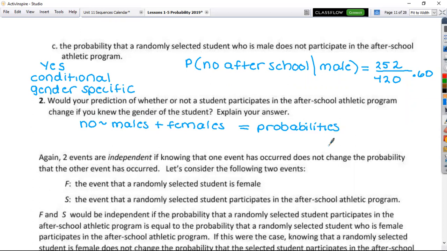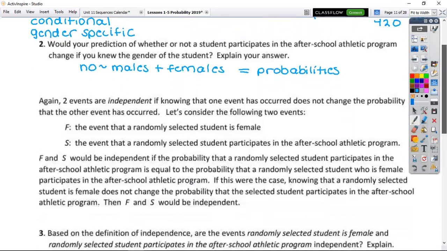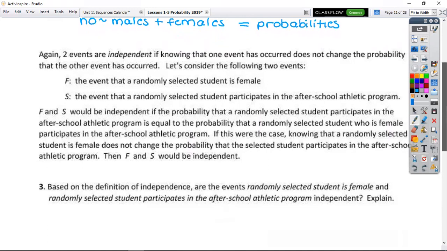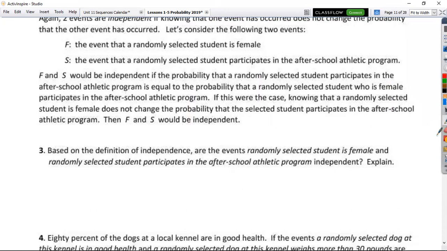Okay. So what we're going to begin is what we refer to as a test for independence. You don't need to read any of that. I will summarize it for you. To set up a test for independence, what you're going to be looking at is whether or not your two probabilities are equal. So we always start with just the general probability and then we compare it to the conditional. So we're going to have to flip back and forth.